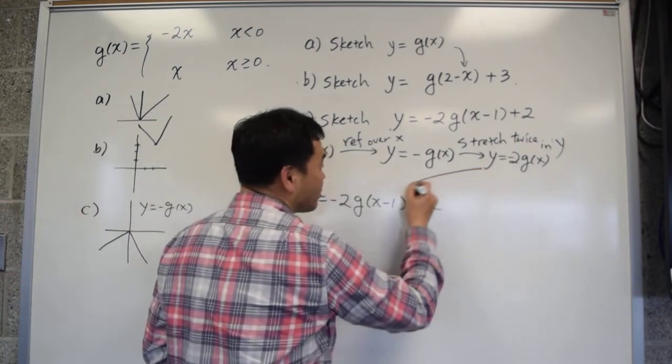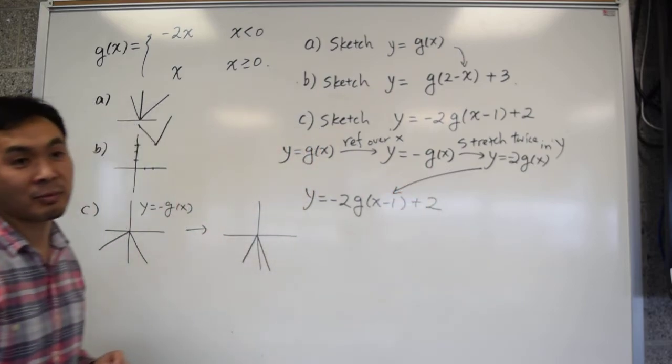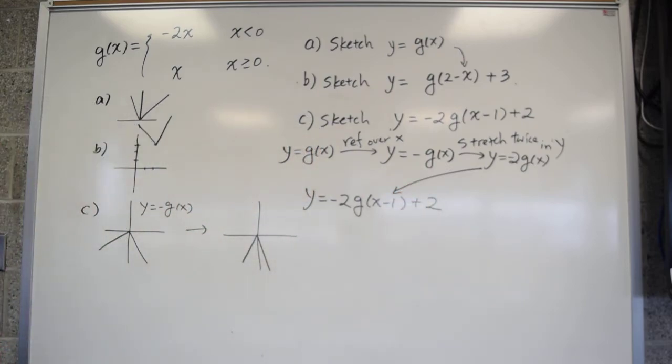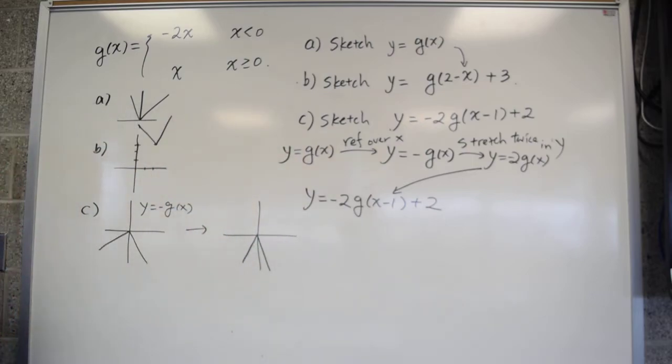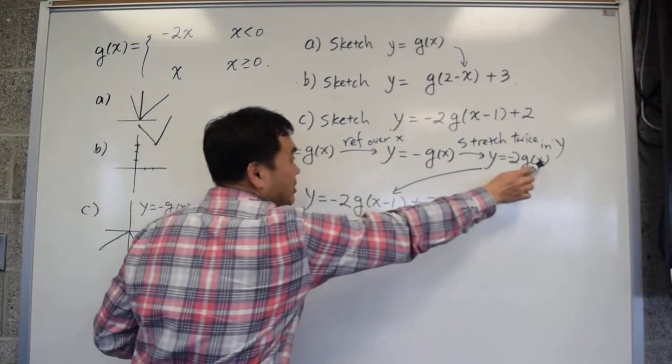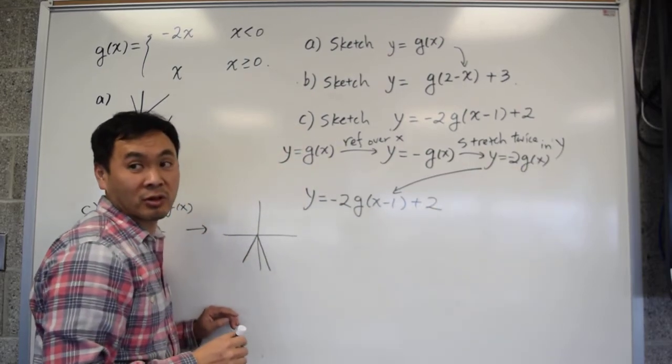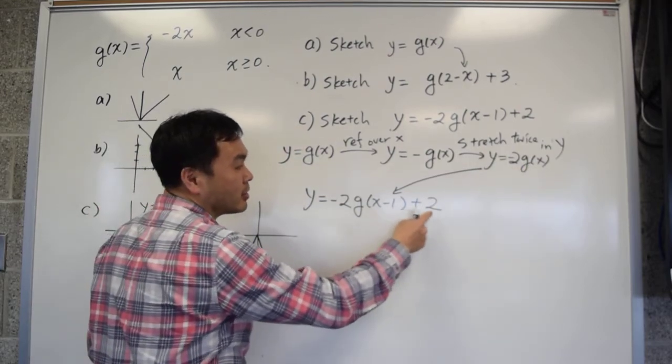From here to the last step, what is this step? You replace x by x minus 1. What does that do? It's a translation. Replacing x by x minus 1 shifts right 1, and then up 2.